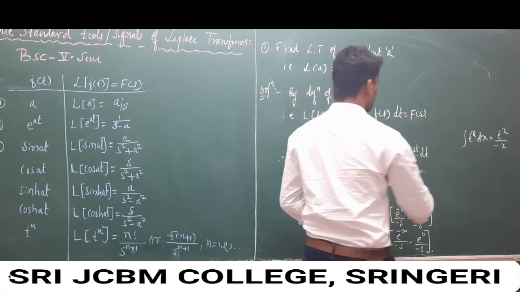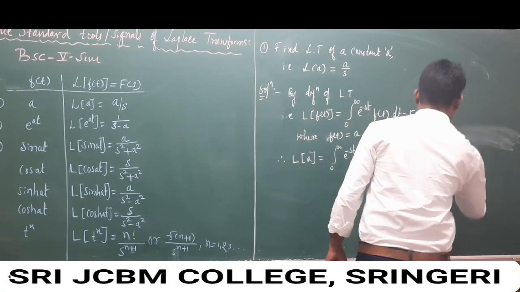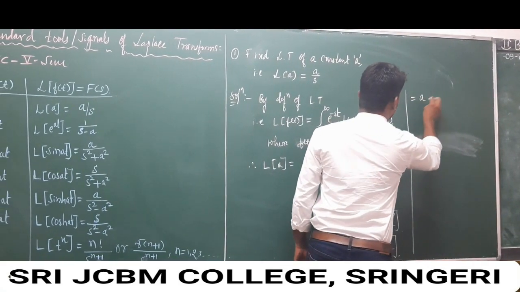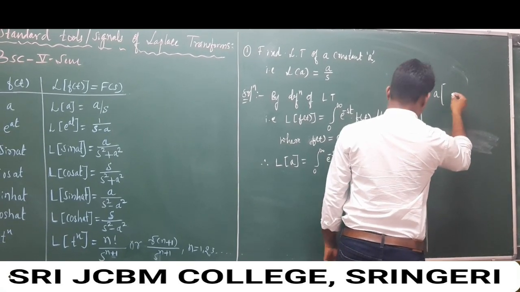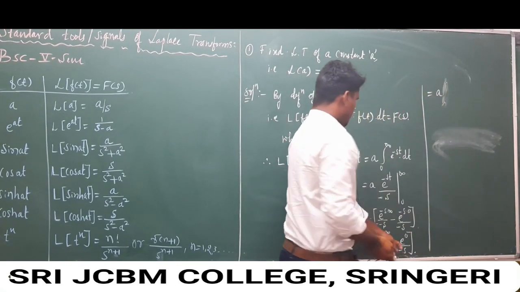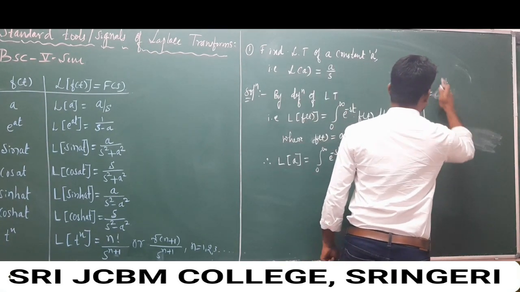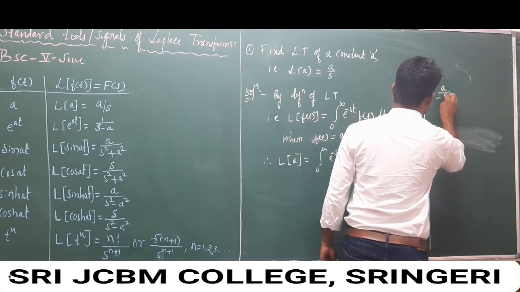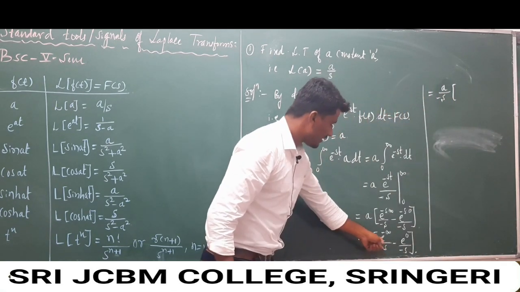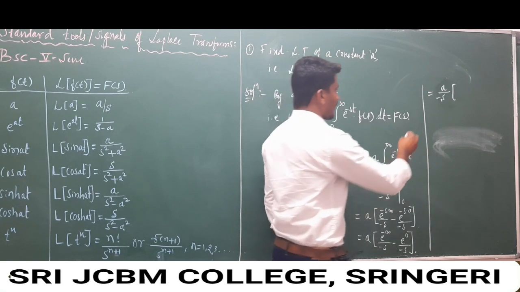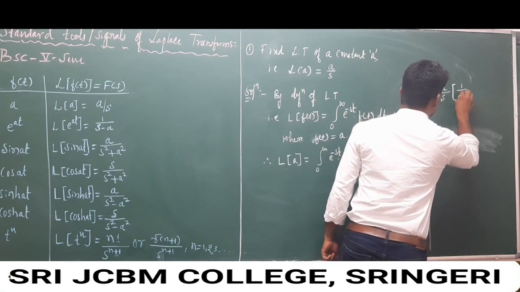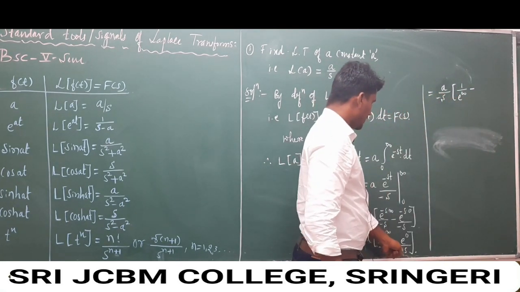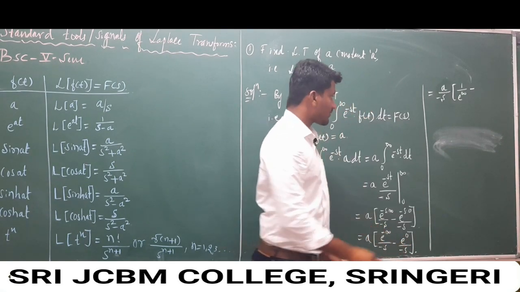In the next step, e to the power minus infinity can be written as 1 over e to the power infinity, and minus the value of e to the power 0, which is 1.